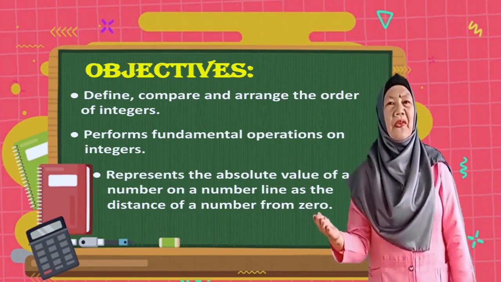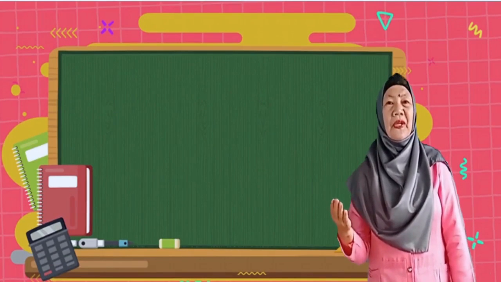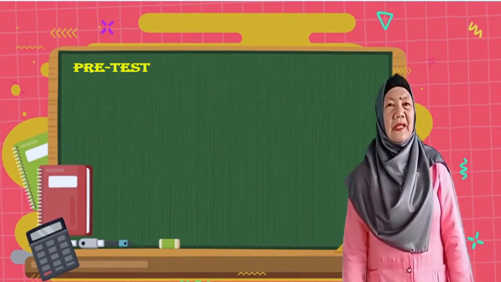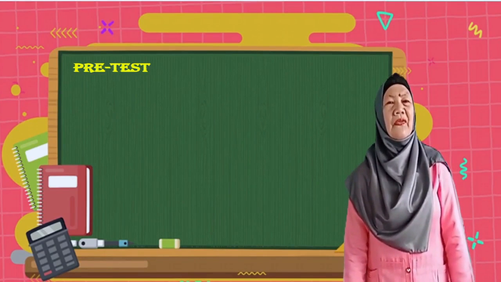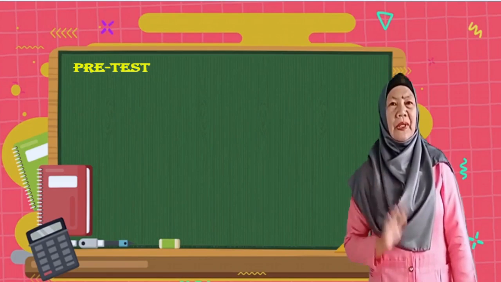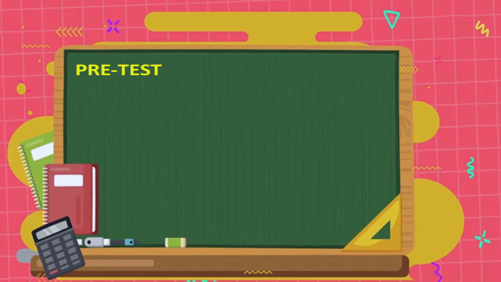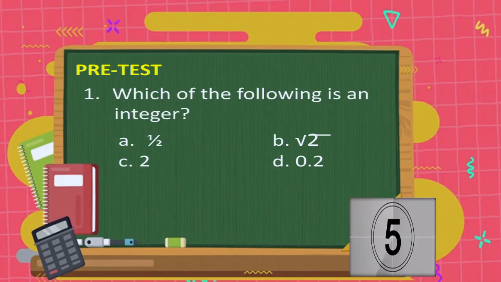Before we go further with our discussions, please answer first our 3 tests. This is multiple choice, and I'll give you 5 seconds to answer in each number. Number 1. Time starts now.